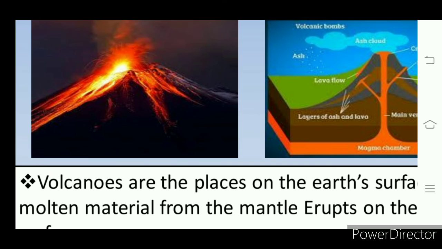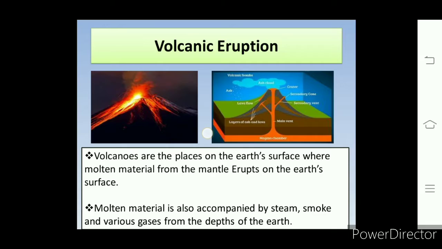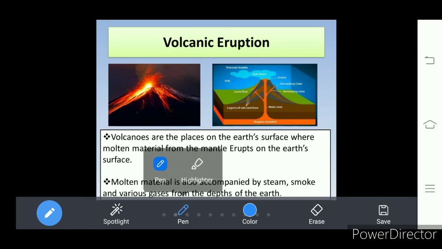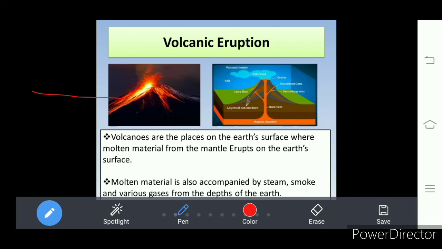What is a volcanic eruption? On the earth's surface we find molten material coming out from the mantle. What is a volcano? It is a place on the earth's surface from where molten material erupts out. Look at here, this is the crust part I am showing. It is the surface of the earth.